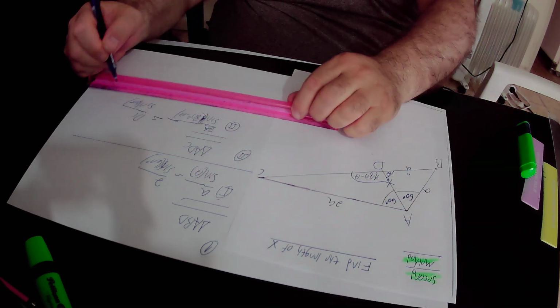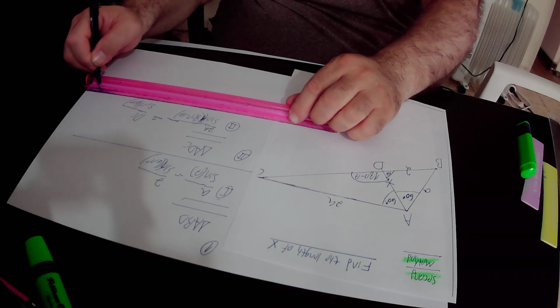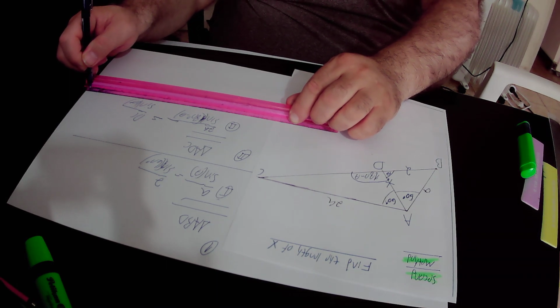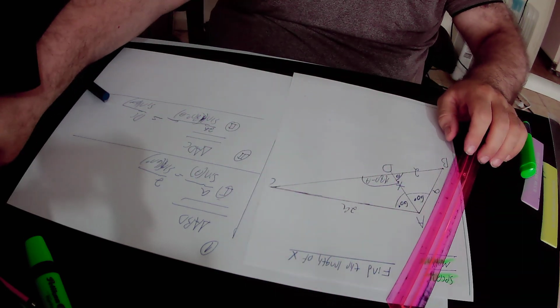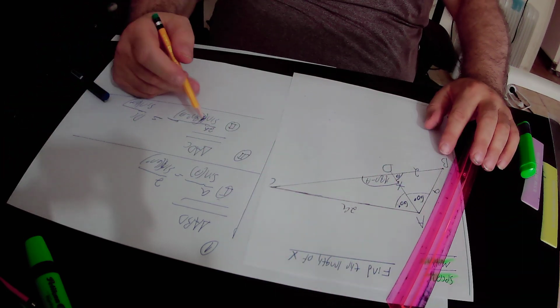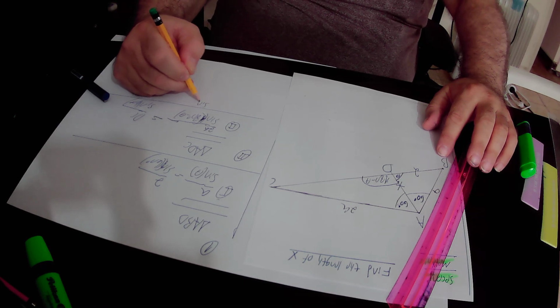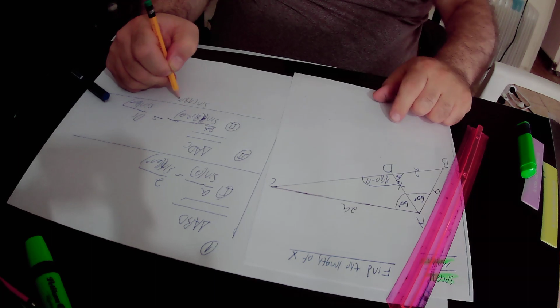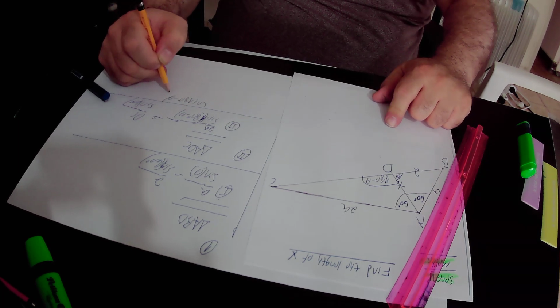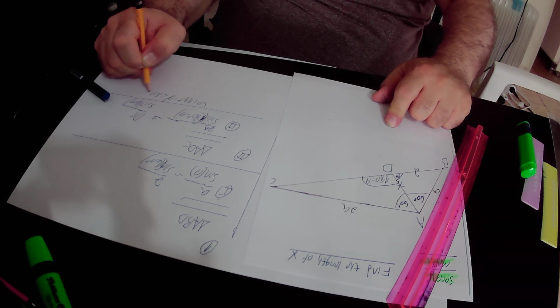And we have the trigonometric identity that states that sine 180 degrees minus theta equals sine theta. Sine 180 degrees minus theta equals sine theta.